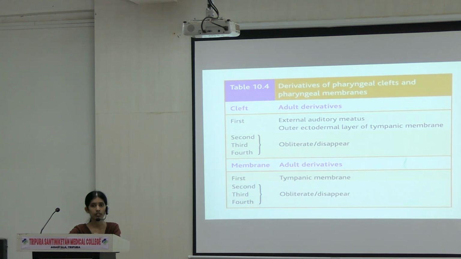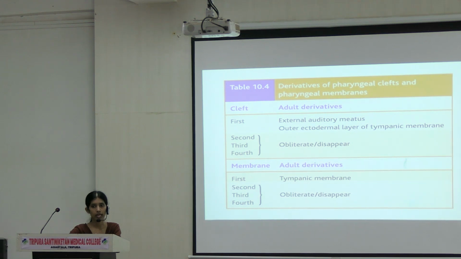Okay. Next, third pharyngeal pouch. Dorsal wing will give rise to superior or inferior? Inferior parathyroid, and the ventral wing will give rise to thymus. Okay. What about the fourth one?